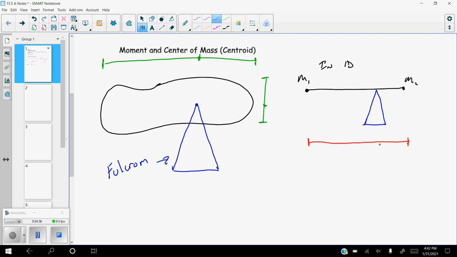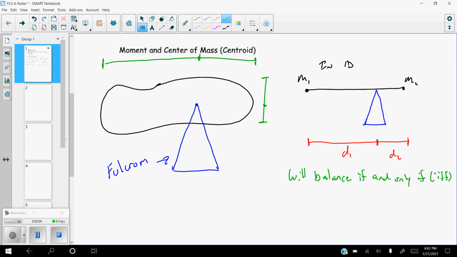But from the fulcrum, or that center right there, you have two different distances. That would represent distance 1, that would represent distance 2. And the idea is this: this will balance if and only if, and you might see that written like this, IFF.